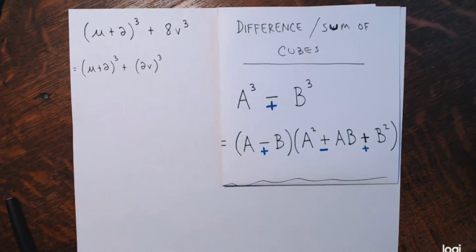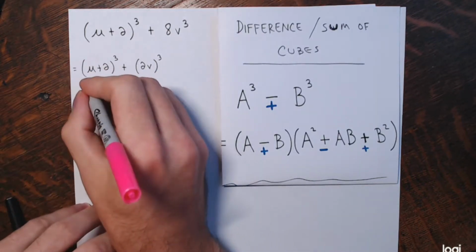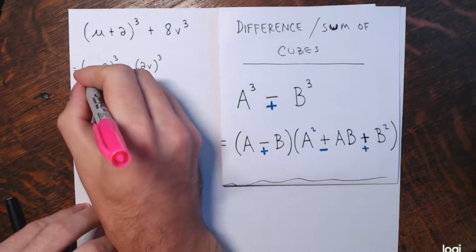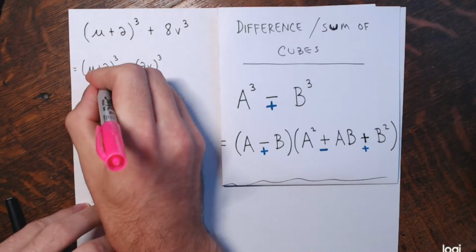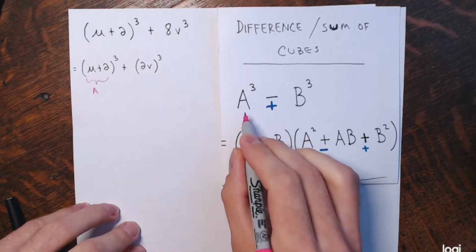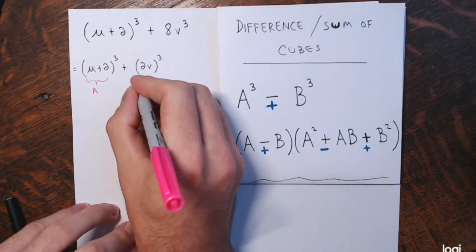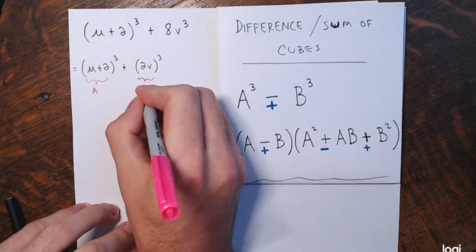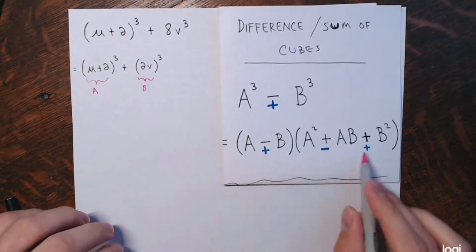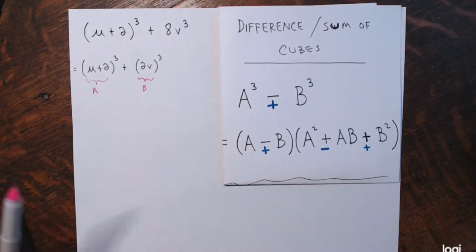Right. And so this u plus 2, this quantity u plus 2, acts like the a from my formula. The 2v acts like the b. Right? So I'm just going to go through the factorization here, the factors, and replace a with the quantity u plus 2, and all the b's with 2v.